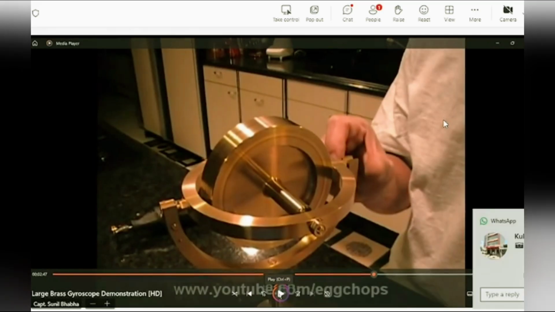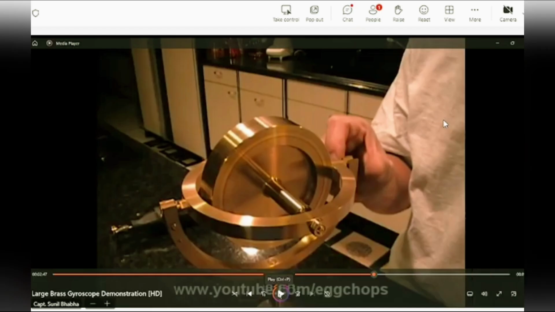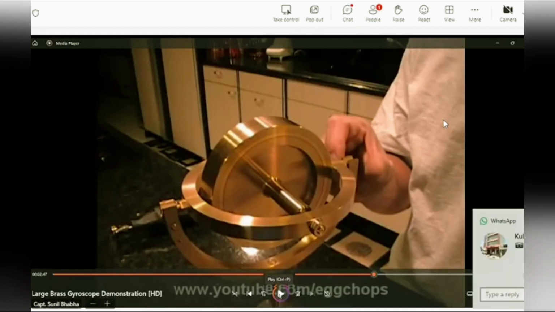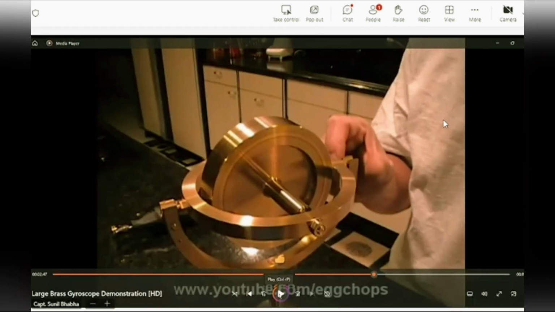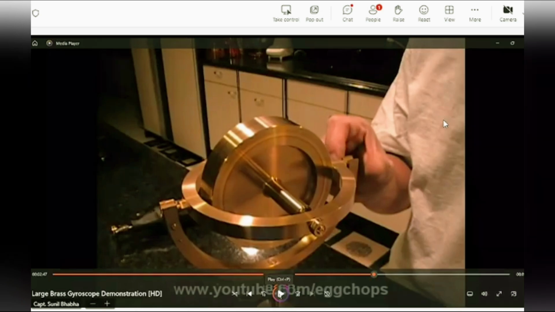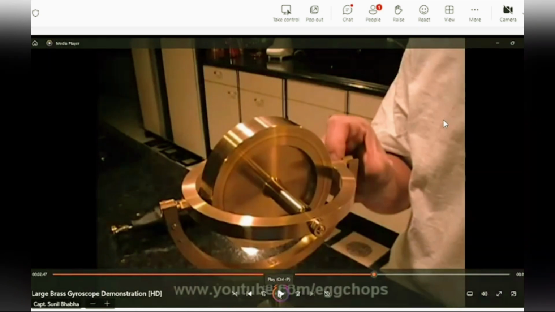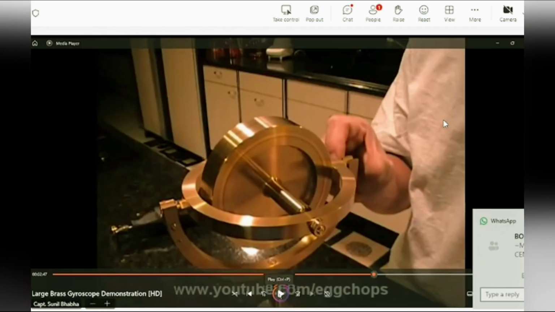Now have you understood precession? Yes, sir. Okay, all right. Any doubts in precession and gyroscopic inertia till here? Sir. Go ahead. Any doubts?